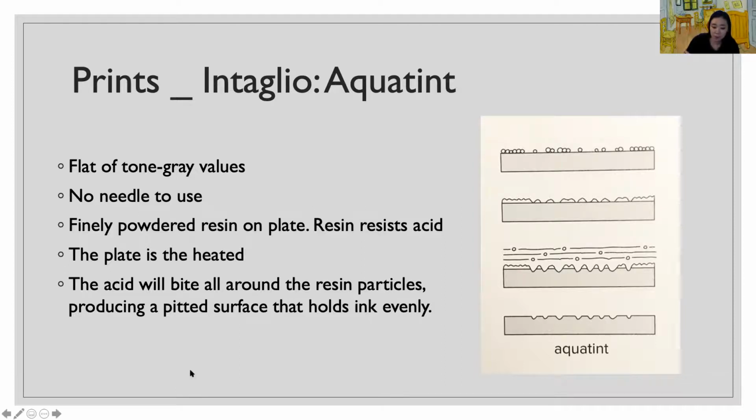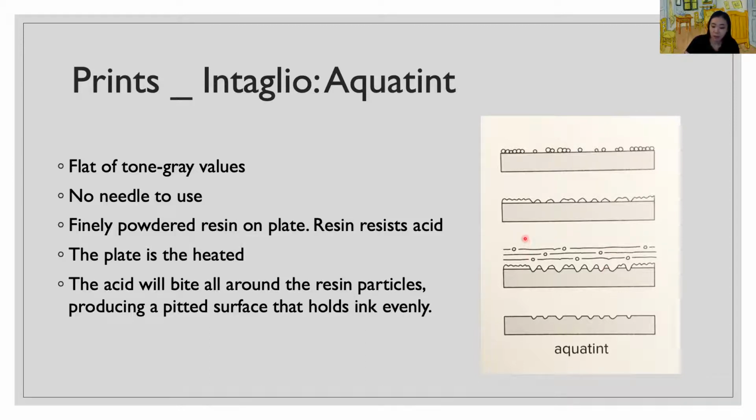The artist first dusts finely powdered resin on the top of the plate, and the plate is heated so that the resin sticks to it. Resin resists acid, so when the plate is immersed in acid, the acid will bite all around the resin particles, producing a pitted surface that holds ink evenly.